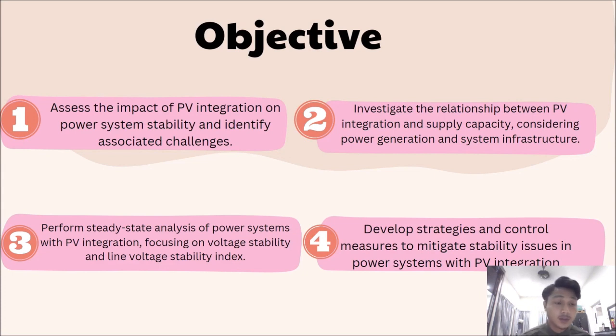The third is to perform steady state analysis of power systems with PV integration, focusing on voltage stability and line voltage stability index. The last is to develop strategies and control measures to mitigate stability issues in power systems with PV integration. So we'll pass to the next presenter to explain more about the project.